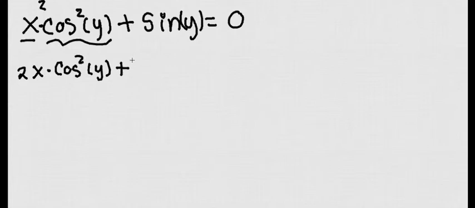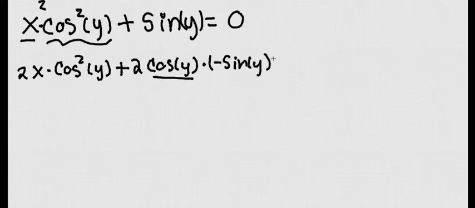This 2 goes down, so I have 2 cosine of y times the derivative of the cosine, which is going to be negative sine of y, times the derivative of y, because remember, you need to follow the chain rule. In this case, I don't know the derivative of y, so I'm just going to call it y prime. So once I have this, times x squared, and this is this whole thing.